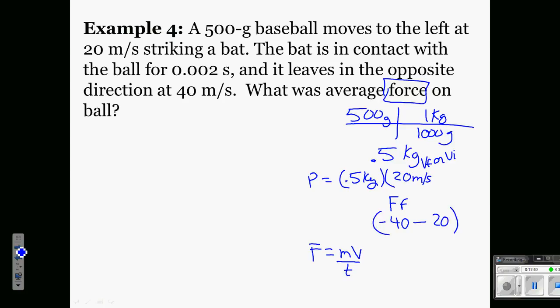So we end up adding those together and we get 60 meters per second times our 0.5 kilogram divided by our time, which is 0.002. And your answer is this. That's the force. Whew, that's a big force. Okay.